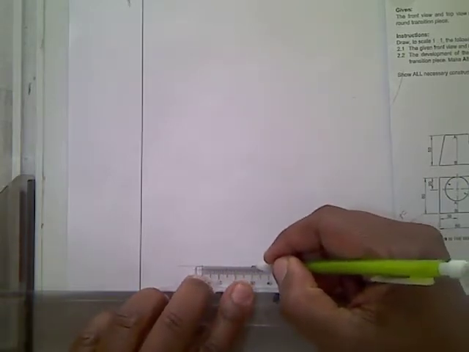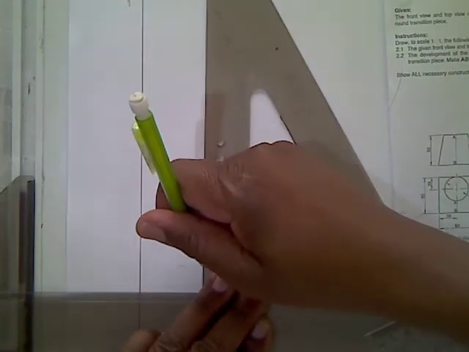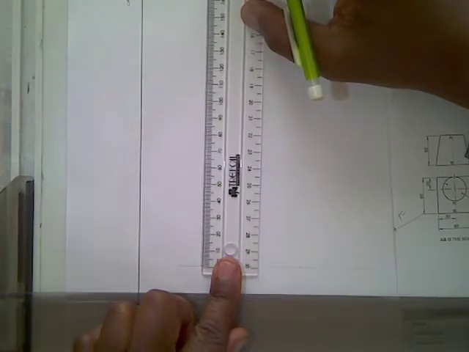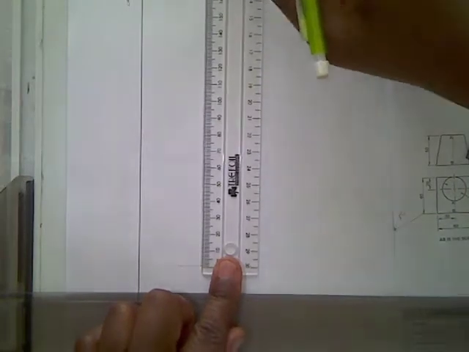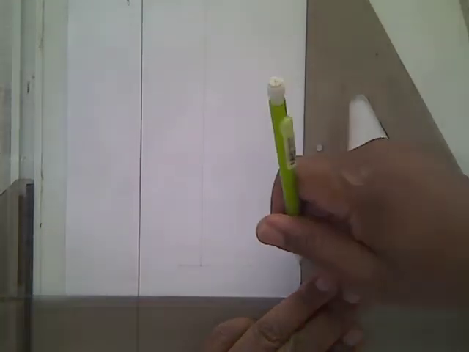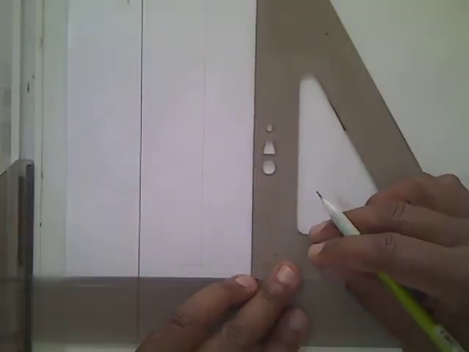I also like to indicate my center, and there I draw both views as usual. It is a 60 by 60 transition piece. Then we go up, we have a center.